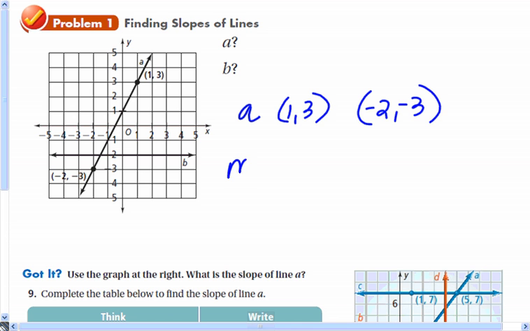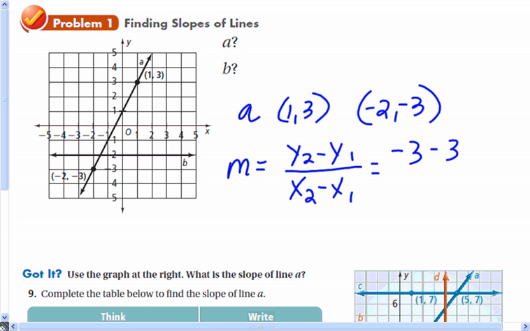Using the formula, the slope is the difference in the y values divided by the difference in the x values, which would look like -3 minus 3 divided by -2 minus 1, which is -6 divided by -3, which is 2.